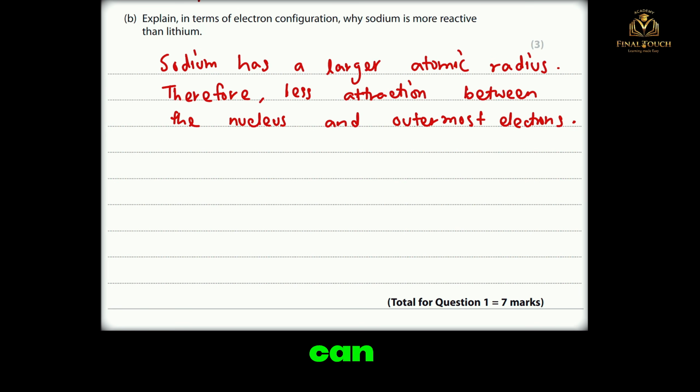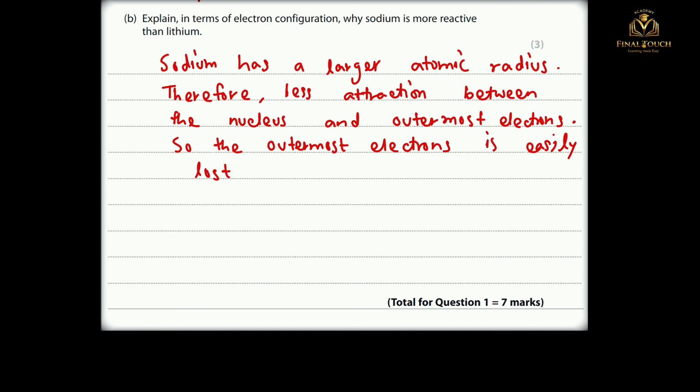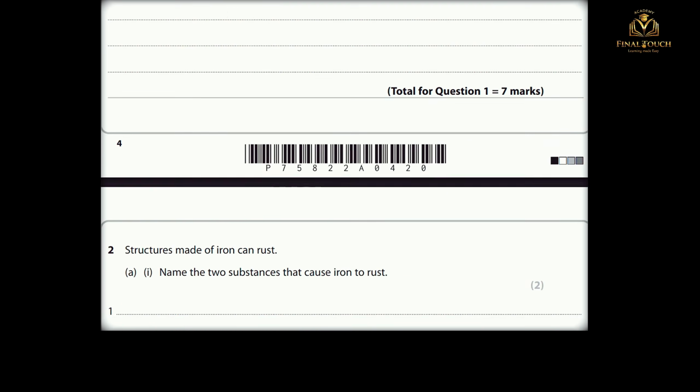So lastly we can say, so the outermost electrons is easily lost. So that's your answer for question 1, part B.